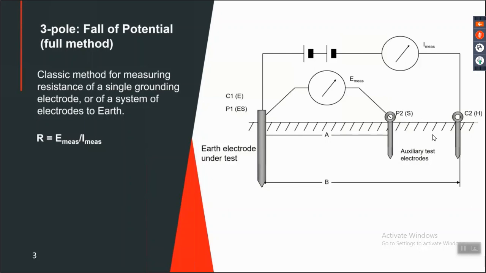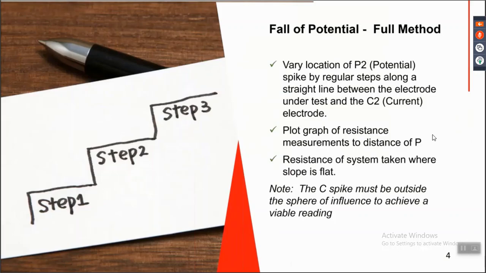For the fall of potential method, there are 3 steps if you want to do this testing. The first is verification of P2 or potential probe by regular steps along a straight line between the electrode under test and C2, the current probe.